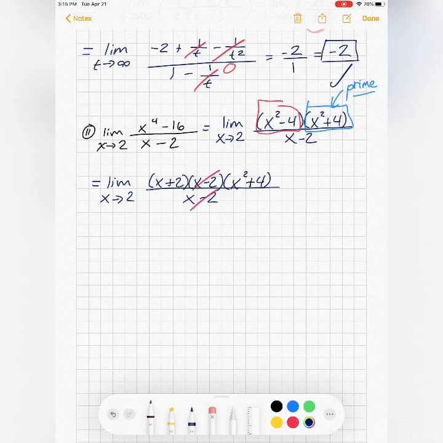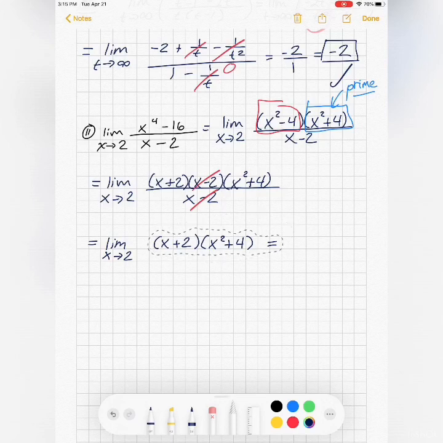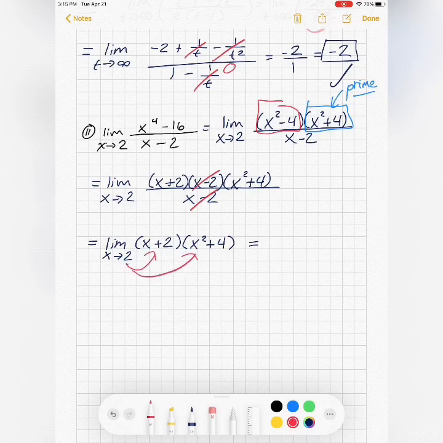Okay, and then I can cancel. Okay, and then I should be able to actually plug the value in, because that expression is now defined at x equals 2. So my result looks like 32.